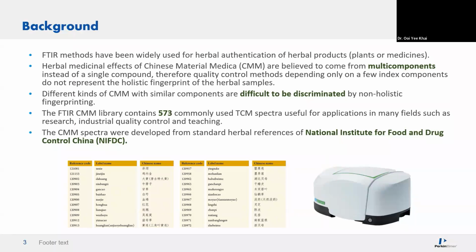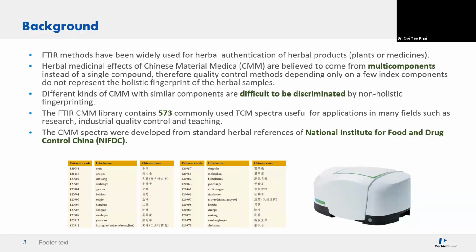For example, ginseng and notoginseng, and licorice or Glycyrrhiza uralensis in the market. In addition, other analytical identification methods are too complicated and require a skilled person to operate. Thus, we're promoting the simplest way, using FTIR methods for herbal authentication of herbal products.